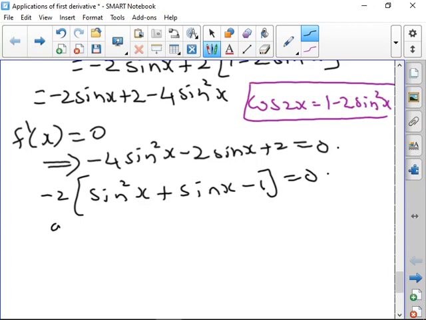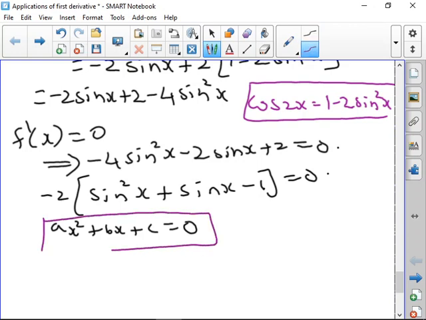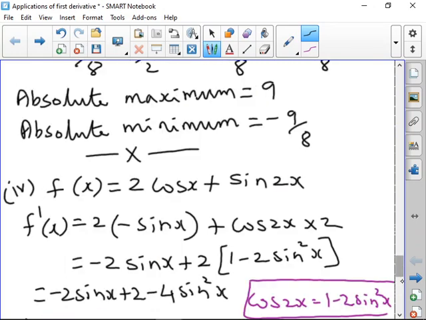So comparing with ax square plus bx plus c is equal to 0. Compare with this. Okay. Comparing with this, what is a? A is equal to 1, b is equal to 1 and c is equal to minus 1. So put it in the formula. What we get?